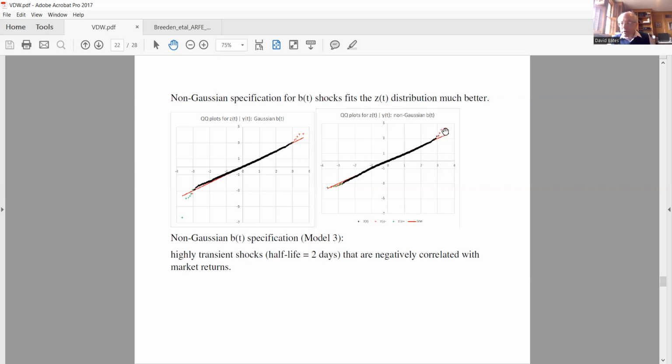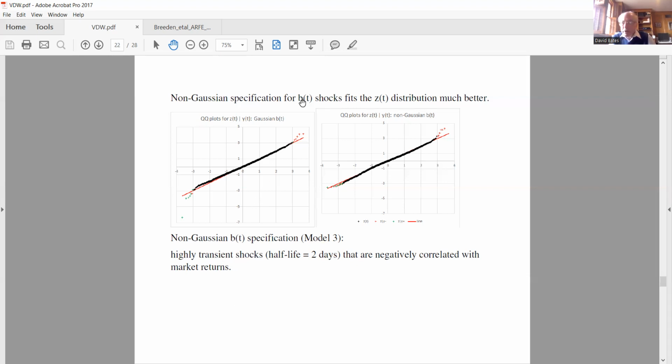So these red are indicating it was a negative stock market return. Green are indicating a positive stock market return. And so these are all periods when the stock market fell and the VIX jumped, but the VIX jumped by more than the model is capturing. So this is where I need to work further on the specification for the variance bias.